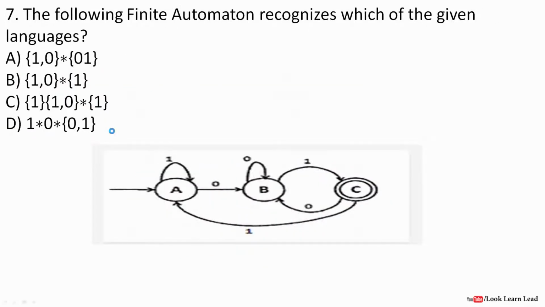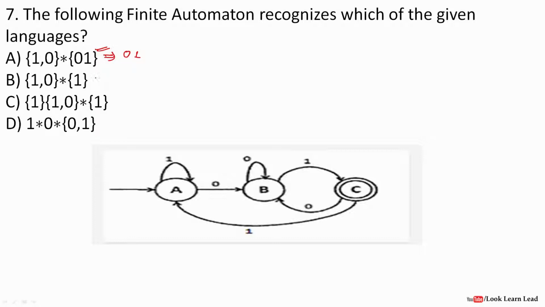Okay, next question. The following finite automata recognize which of the following languages? So we have an automaton and we have to see which of the following languages it recognizes. We would be going from the options. The smallest string from A is 0, 1.